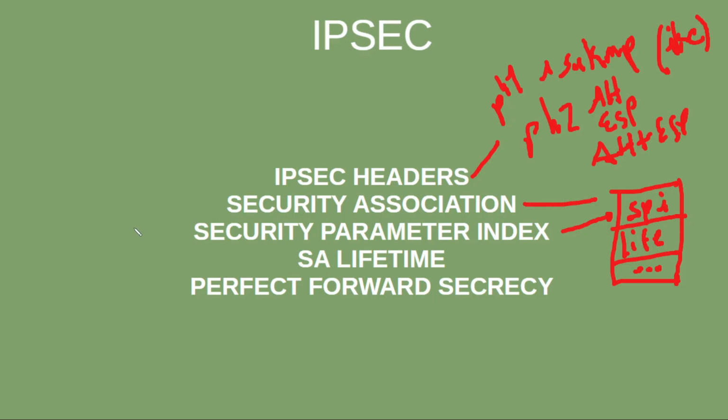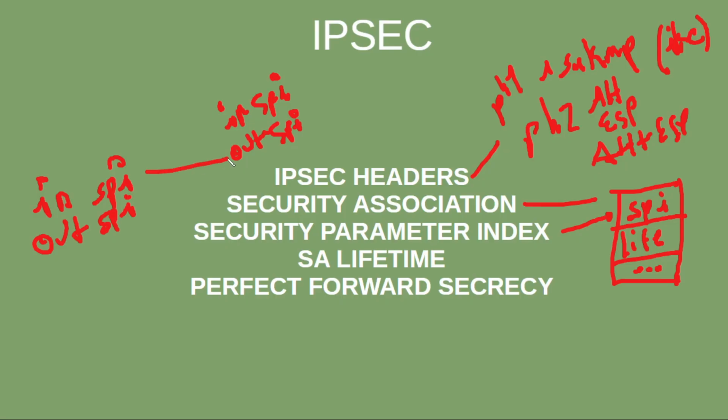Two devices share the corresponding SPI to their peers. So we have an inbound SPI and an outbound SPI on one side, and on the other side we usually have an inbound SPI and an outbound SPI. These SPI numbers are usually crossed in order for this to make sense.